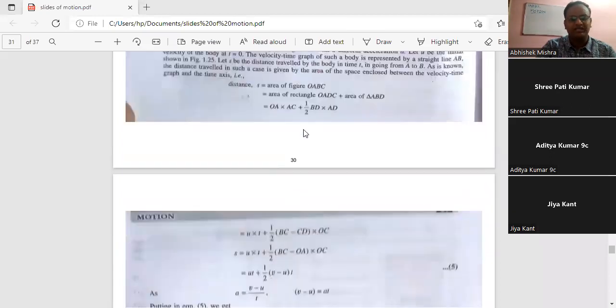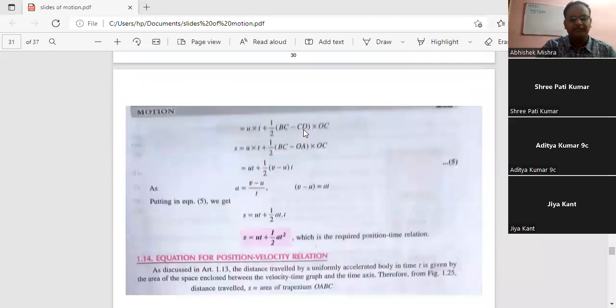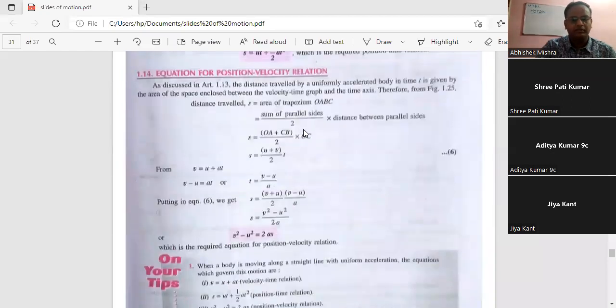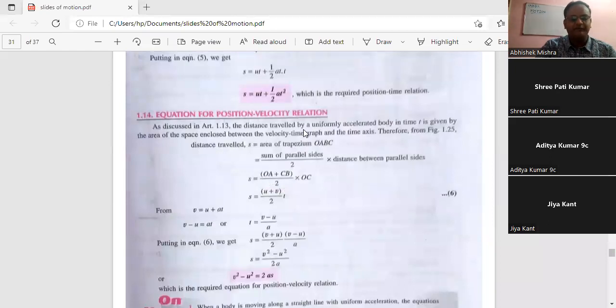Okay, now we are coming to the last one. As Aditya also asked, can we use the area of the trapezium? The distance traveled by the uniformly accelerated body in the time t is given by the area enclosed in the space between the velocity-time graph and the time axis.